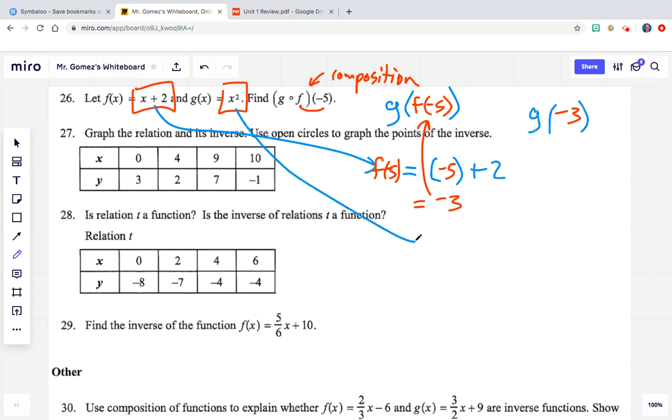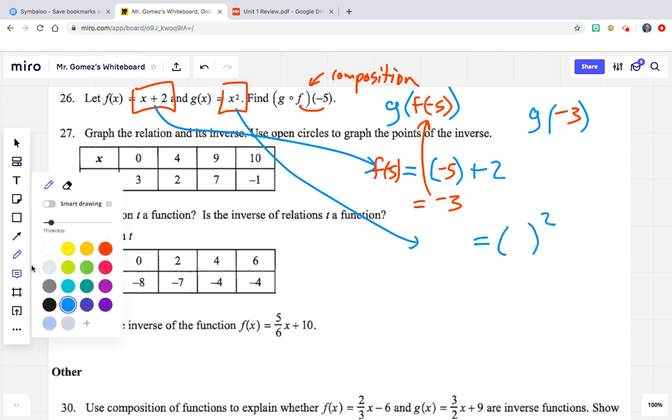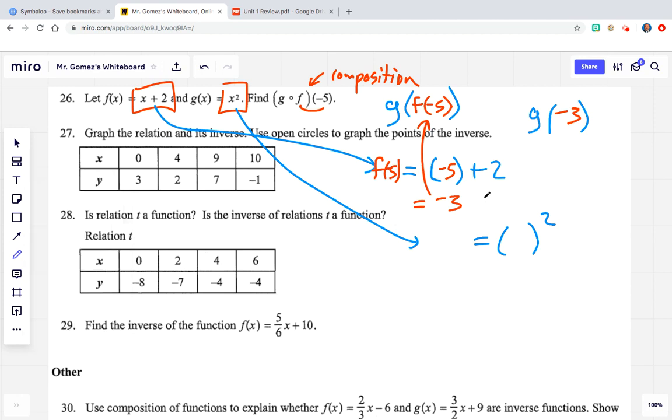So let's come over here and let's build g of x. G of x is x squared. So where x is at, I'm going to leave a parentheses because we're leaving a placeholder. But this is very important because I'm going to put in a -3. So if I put g of -3, it will give me (-3) squared. Which if I put this into my calculator, I'm going to get a +9, okay?